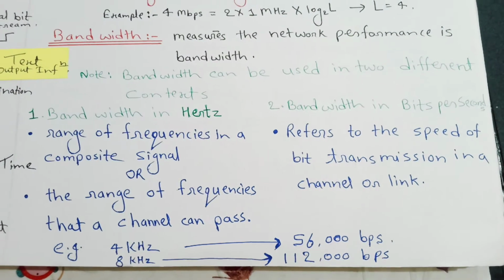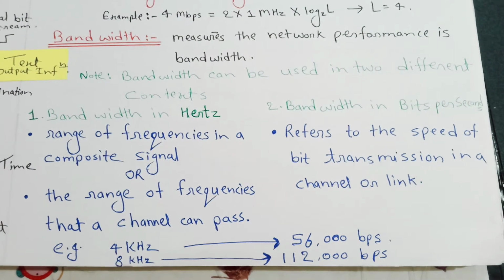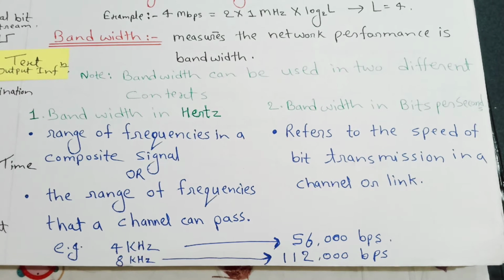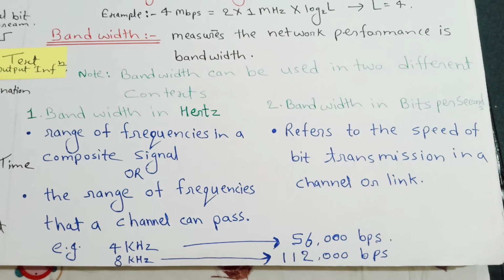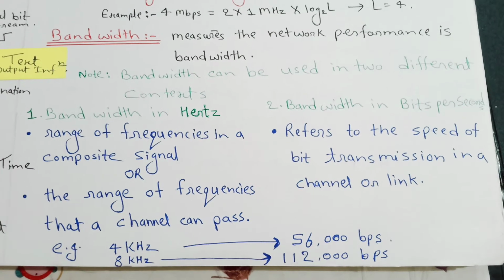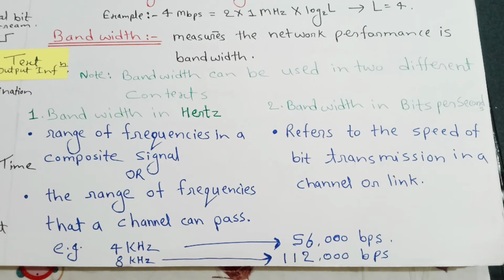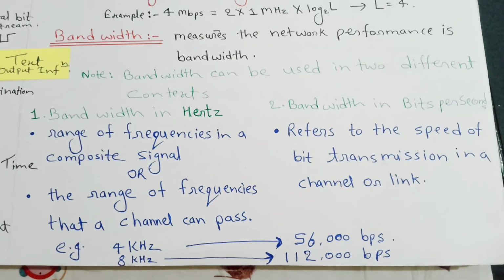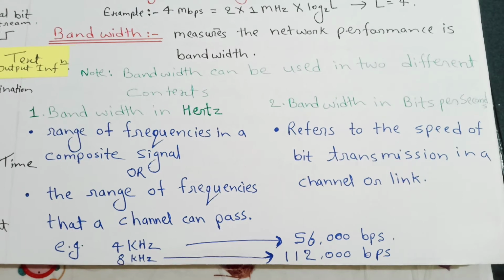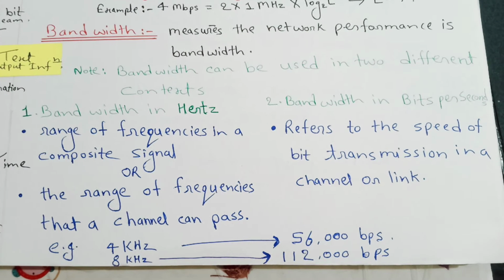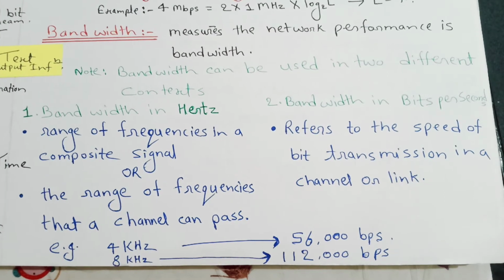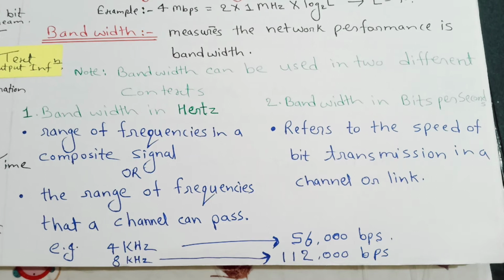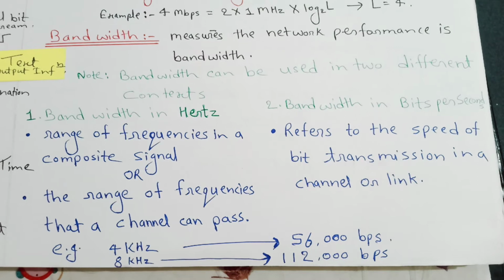Generally we hear kilohertz, megahertz in hertz, and also Mbps, Kbps, bps. Both are ways of measuring our bandwidth, the network performance.